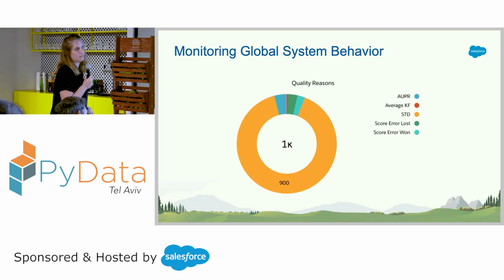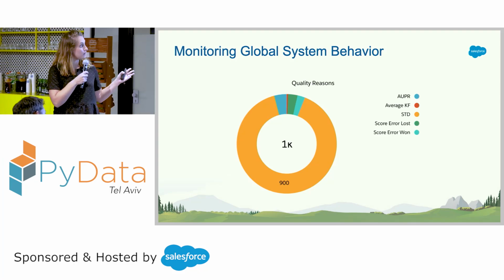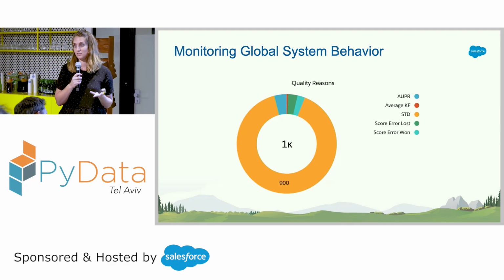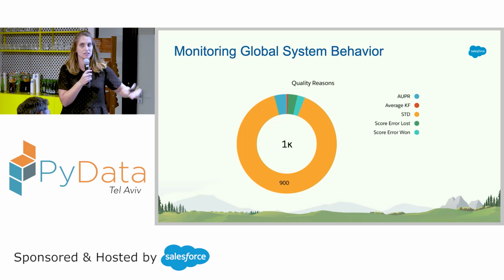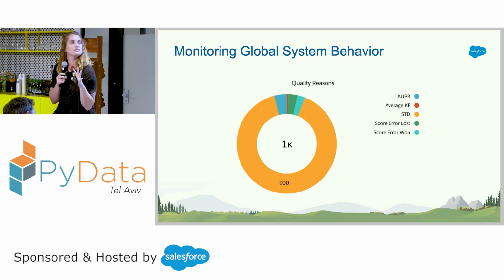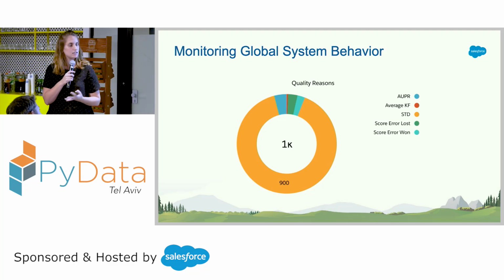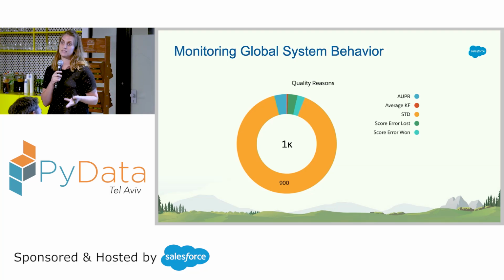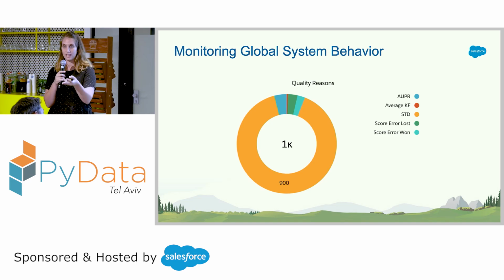And here we see really clearly that the main problem in our system right now is happening due to the STD. The STD is the standard deviation; this measurement represents the diversity of the scores that we give to a customer.